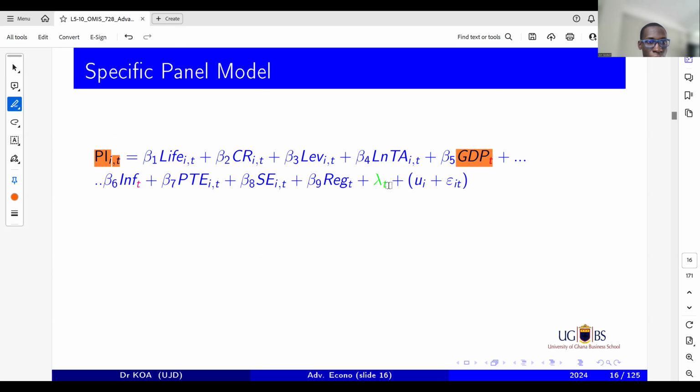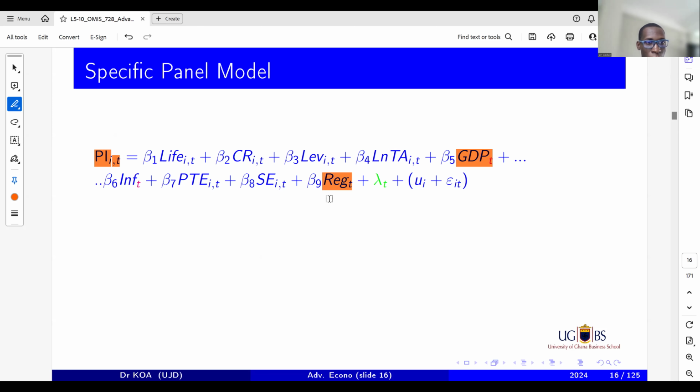All right. Now, if you look at some of the variables, some of them are changing with time, some of them are not. For example, GDP and inflation are both changing with time. A variable like regulation is also changing with time.